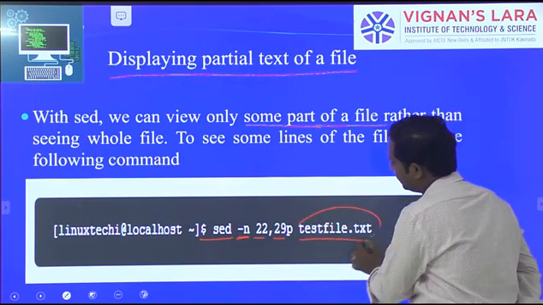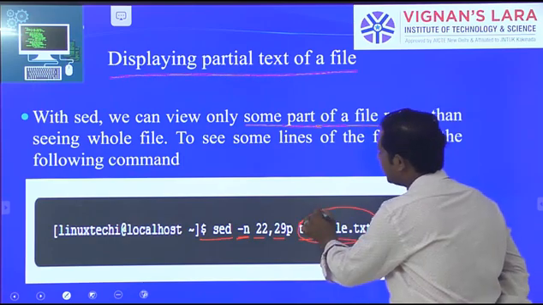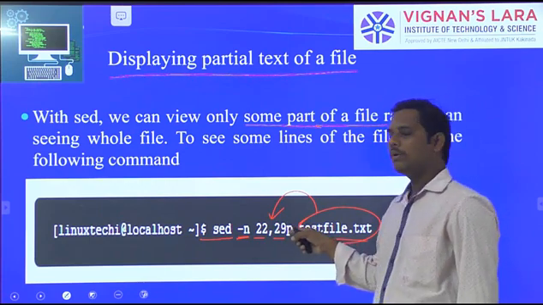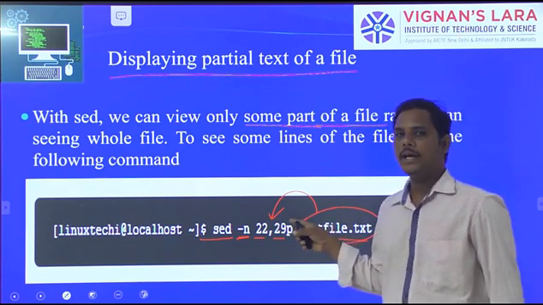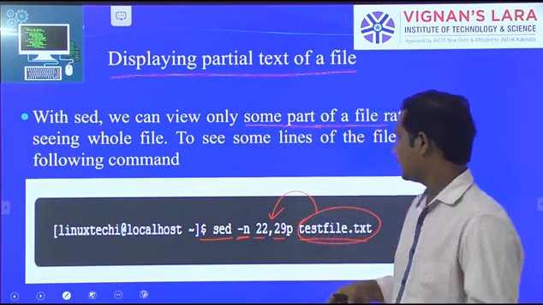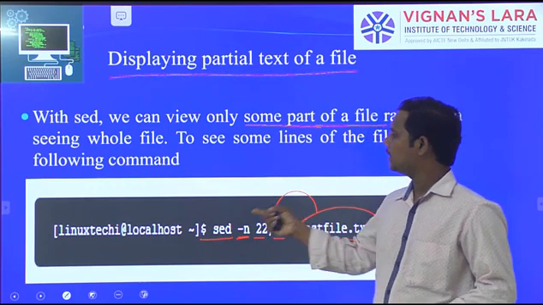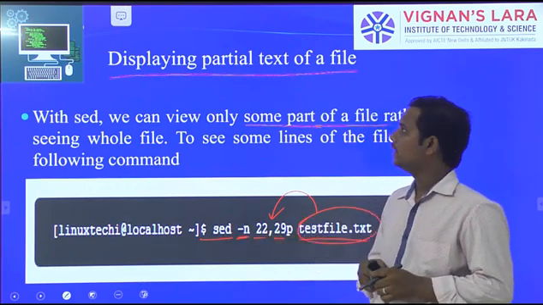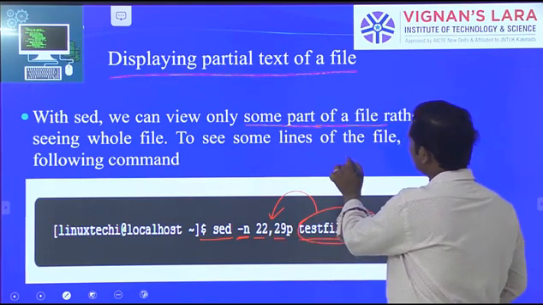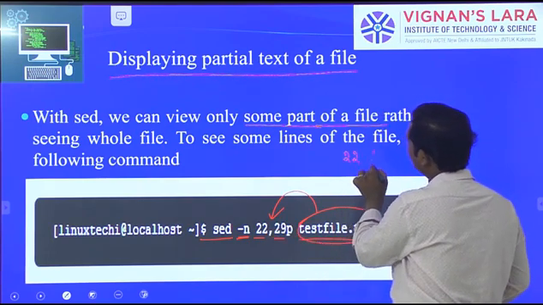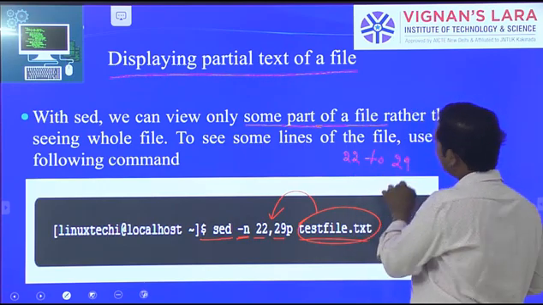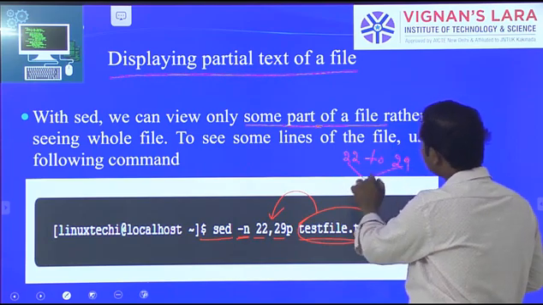In this file, only the 22nd line to the 29th line are displayed. These lines only are displayed as the output.